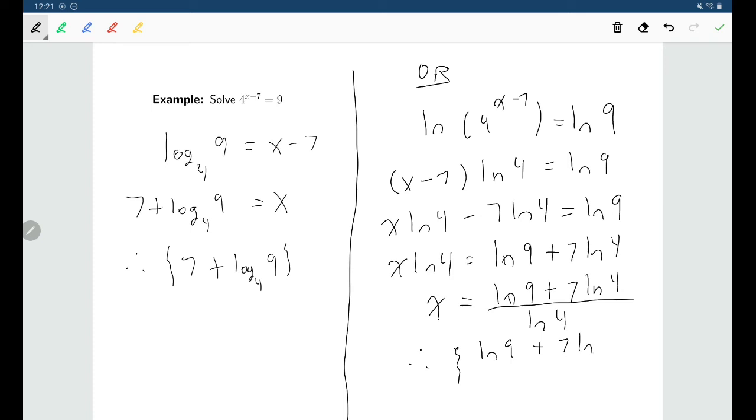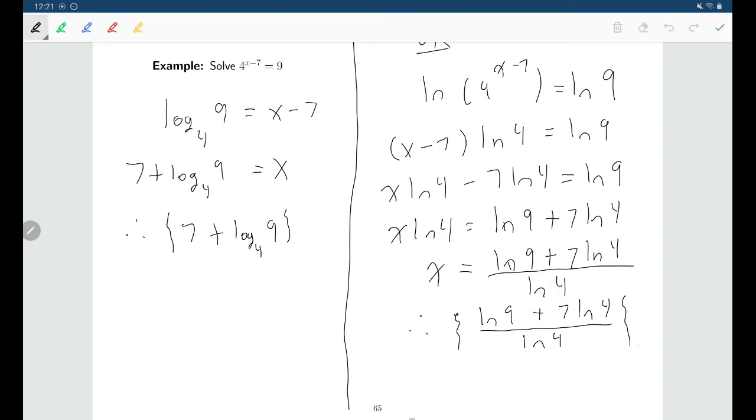That's a part of the reason why I wanted to do this example. One of the properties of logs is the change of base property, but that means as a result that there are going to be not just one or two ways that you might express your answer, but infinitely many ways that you might be able to express your answer if it involves logs.